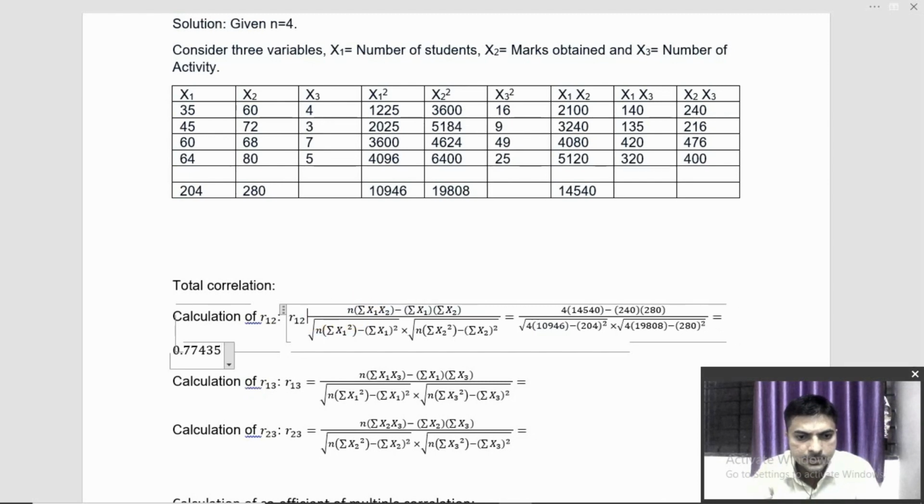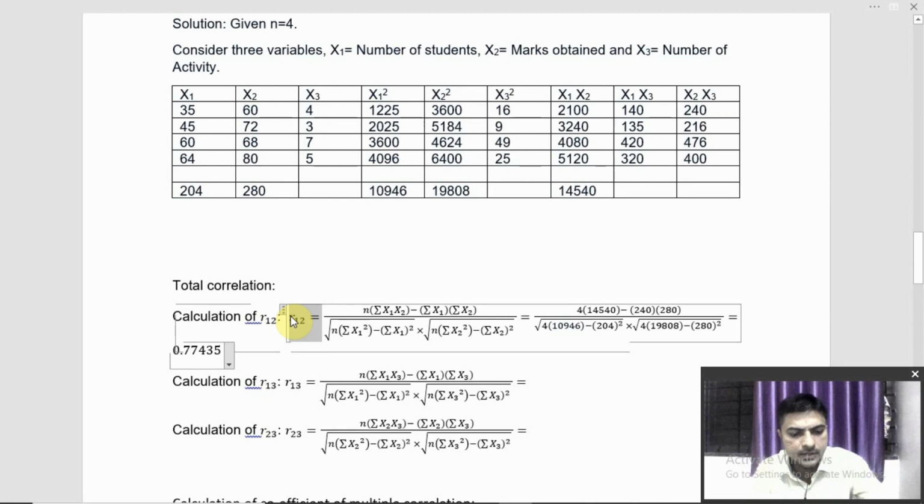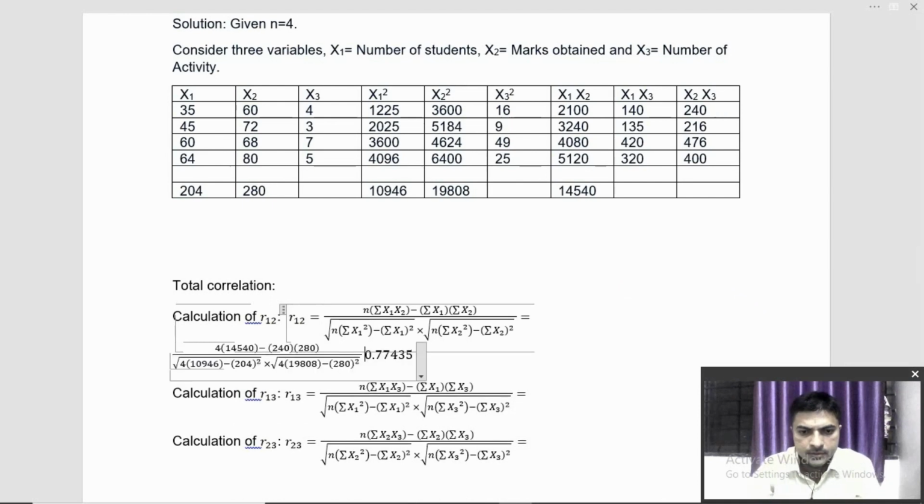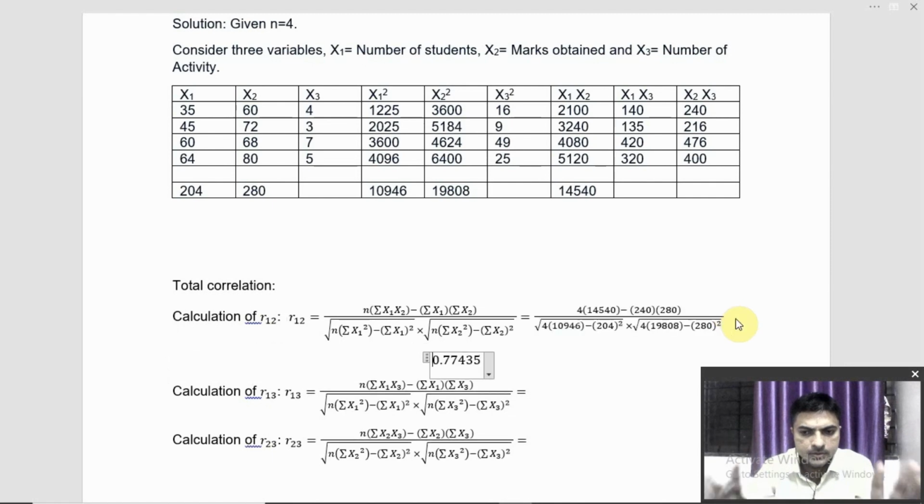The answer is here below, so I got this answer, R12. So directly half of the part is done already.